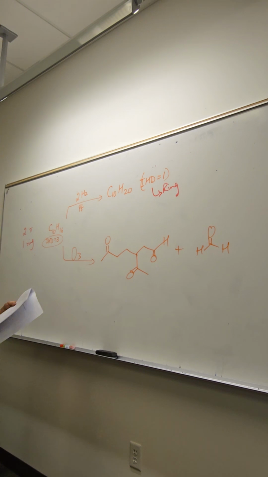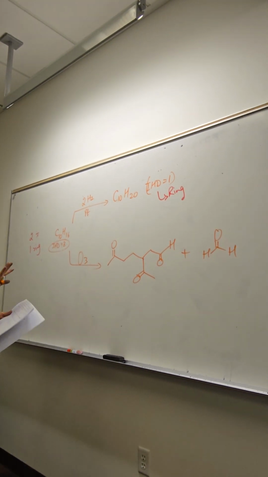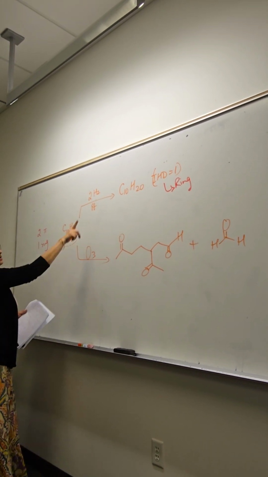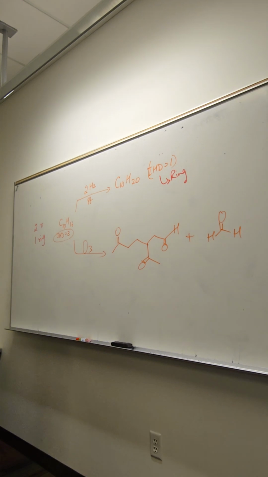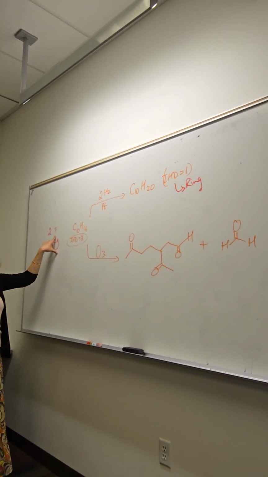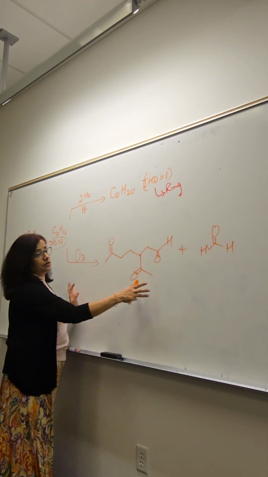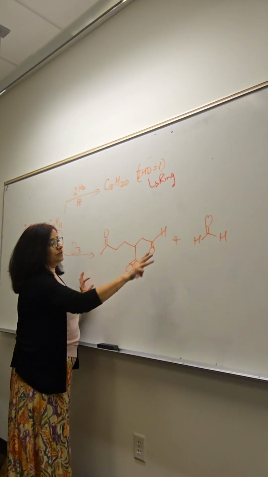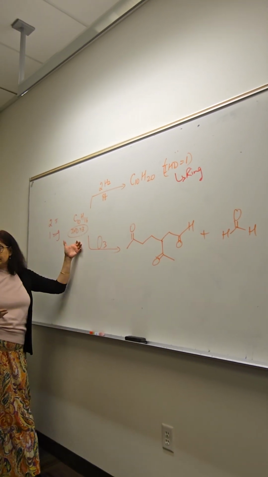Now they want us to use this information to figure out what that is. So first thing, we know we should have a ring and 2 pi bonds. Here are the ozonolysis products. How do we put these 2 together?